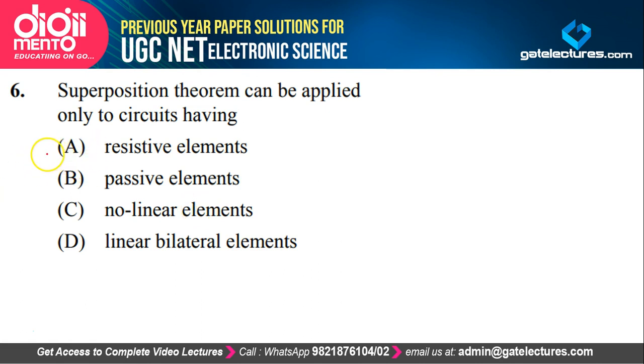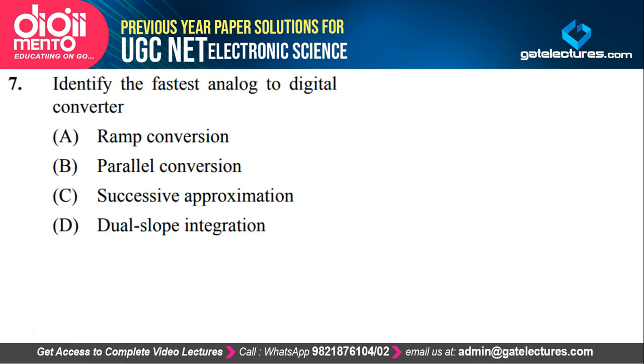So out of the given options, option A is going to be the correct one. You should not have any passive elements, you should not have any non-linear elements, and you should not have any linear bilateral elements, right? Then only you can apply superposition theorem. Fine. So look at the next question.